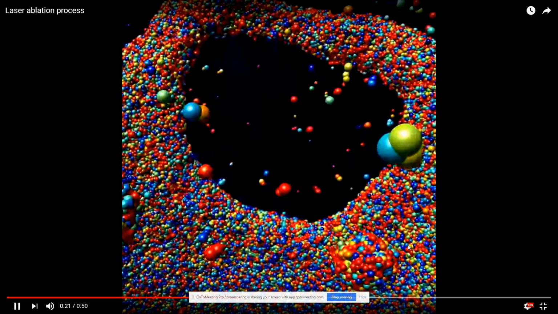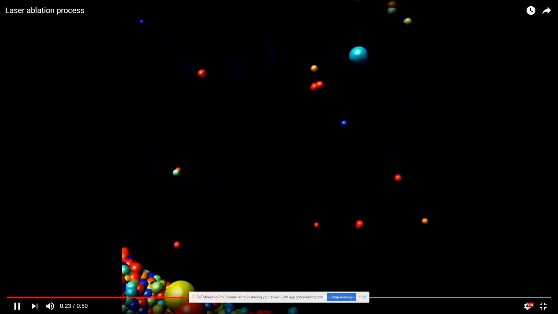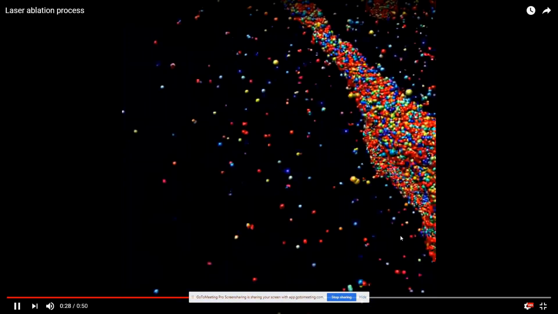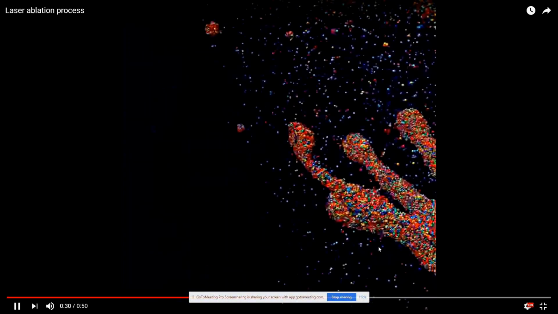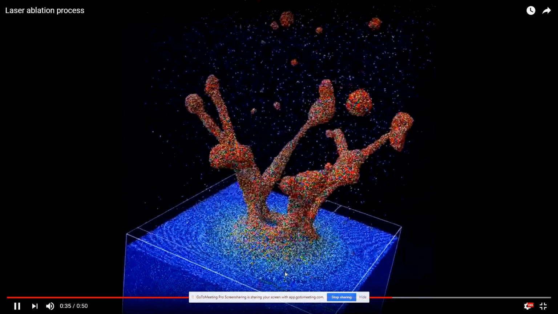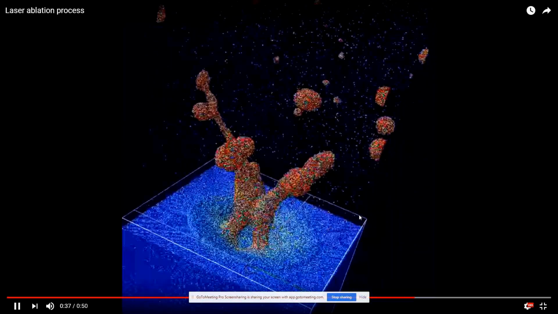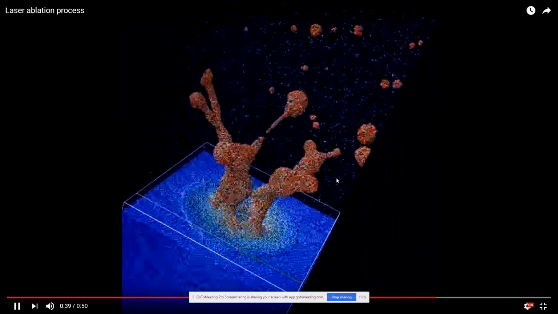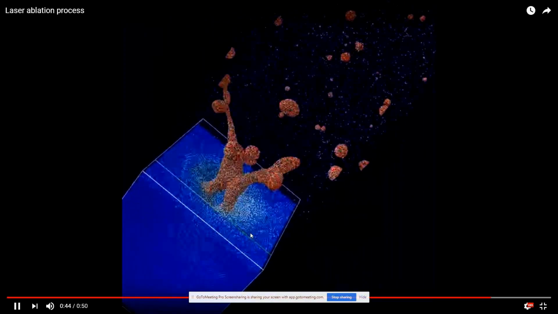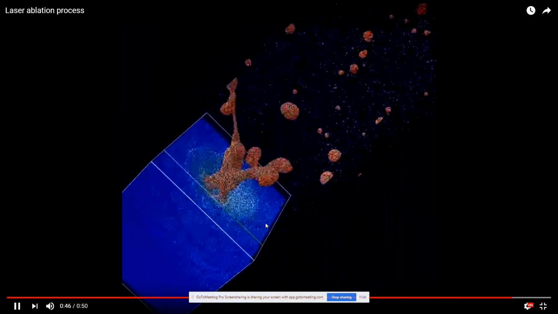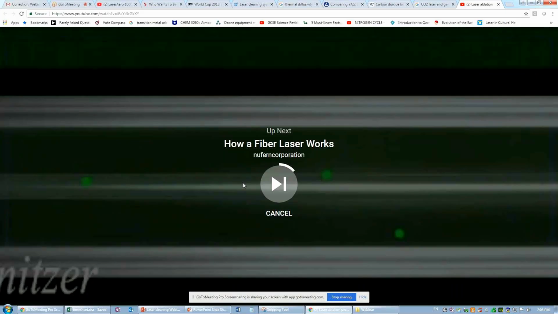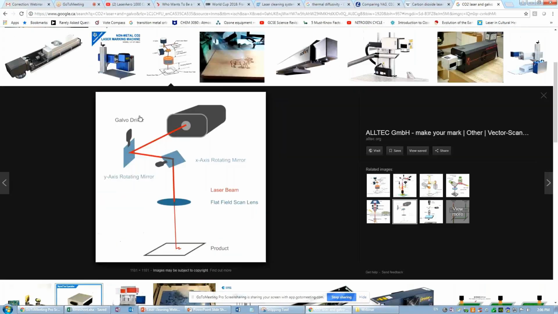So this is like an animation that shows how laser ablation operates. Or depending on the heat that is generated, sometimes a plasma is created. We'll talk about that plasma, but if the heat is not strong enough, it just vaporizes the material. Okay, so this was a very quick video that showed that.